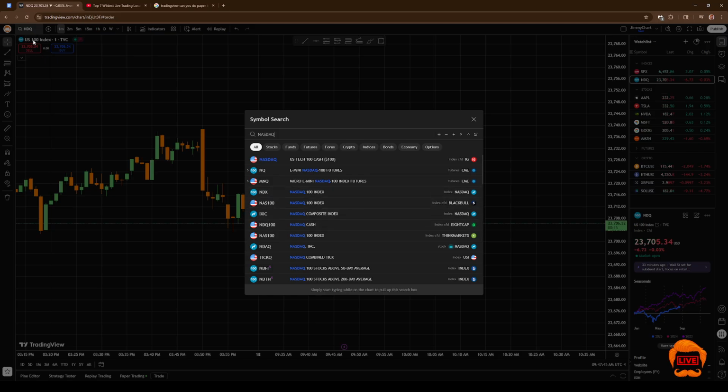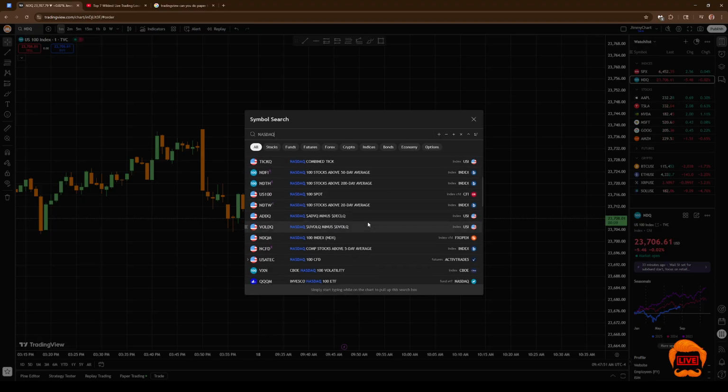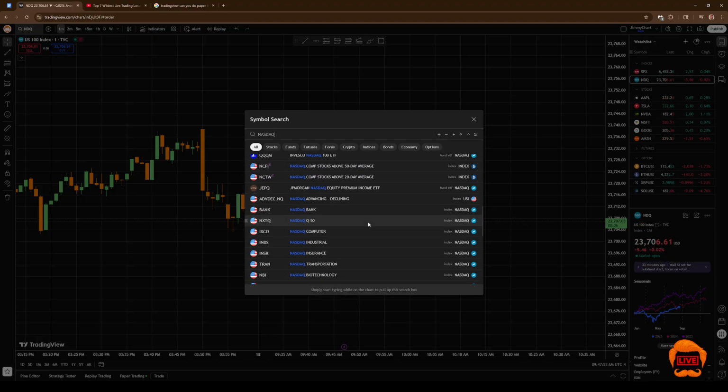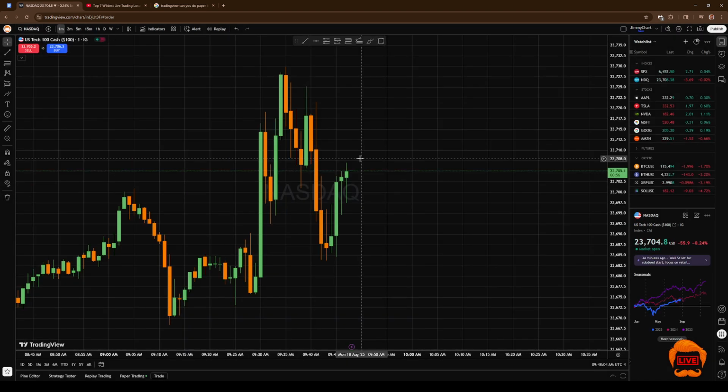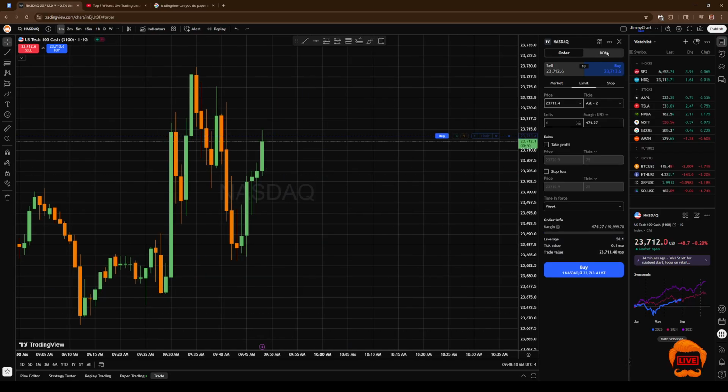So this says US 100 index. I don't see that here. What is this? I can trade on this.